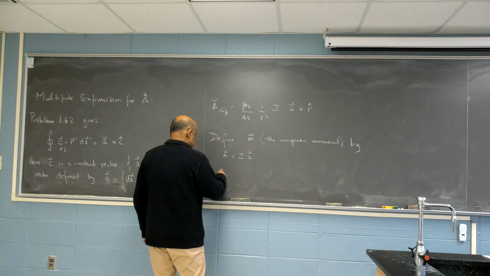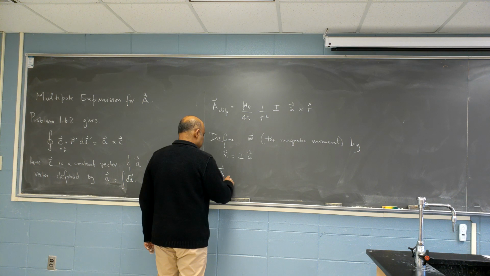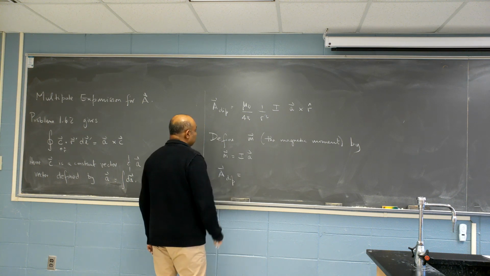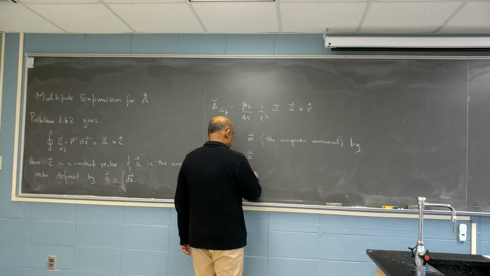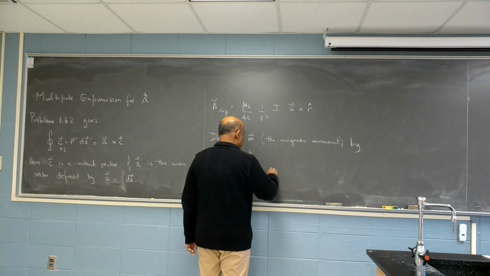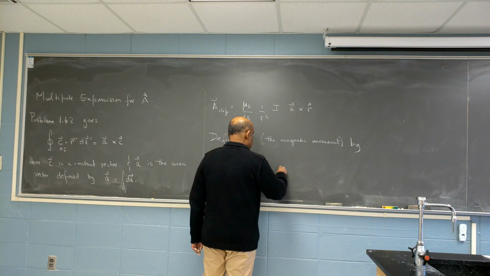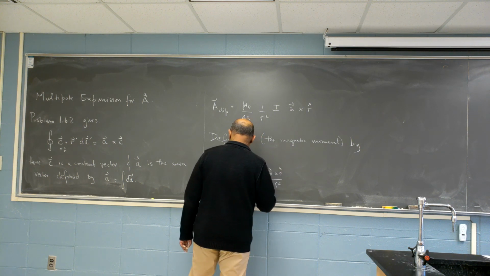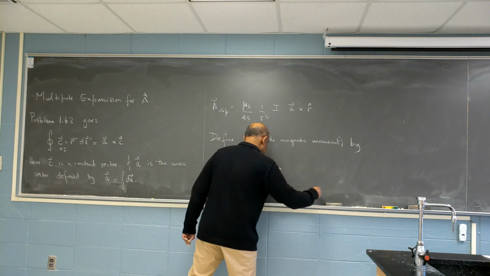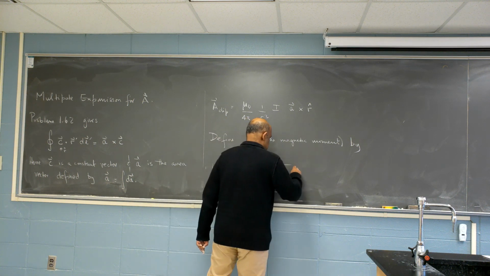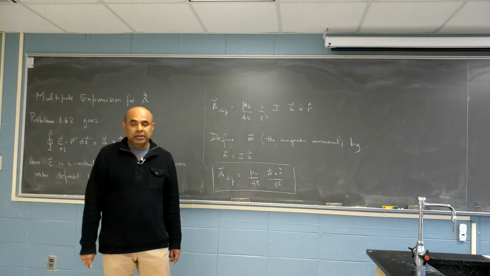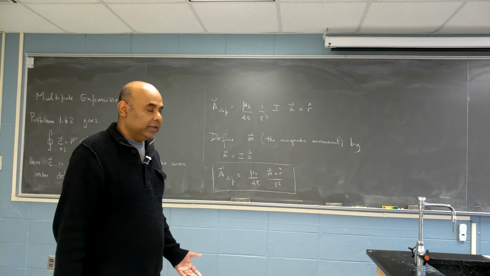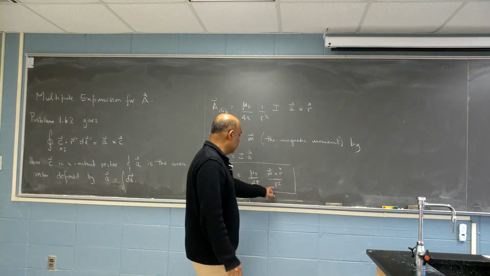Then the dipole vector potential is mu0 over 4 pi m cross r hat over r squared. A very respectable looking expression. If you look at the dipole moment in electrostatics, there too you'll get a 1 over r squared.